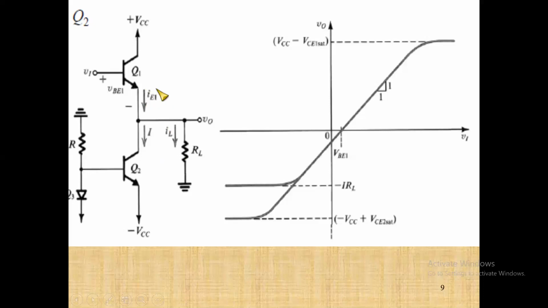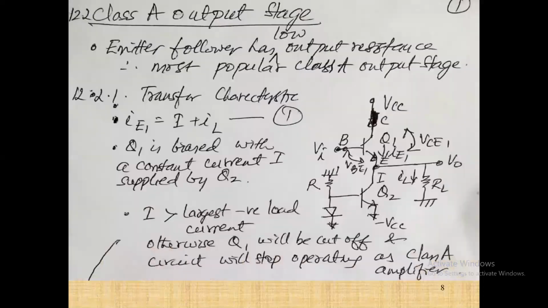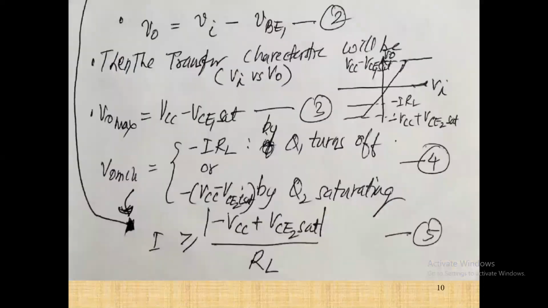IE1 should always be more than 0. If it is more than 0, then only Q1 conducts. Otherwise, Q1 stops conducting. So the minimum V naught of minus I RL is decided by Q1 turning off.